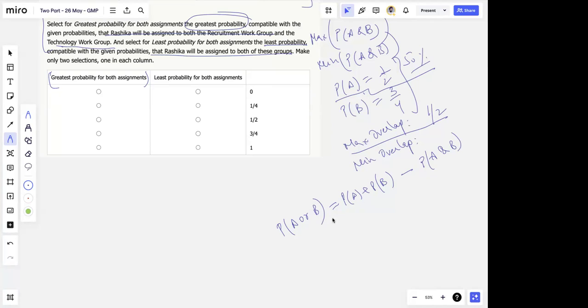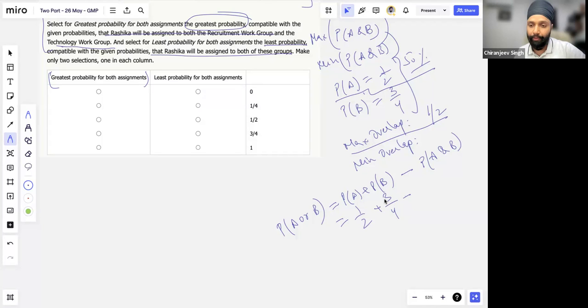Okay, so P of A is 1/2 plus 3/4, and P of A and B is... I'm not sure, but because we have derived the maximum, P of A and B can be one, but I'm not sure of the rationale for that.